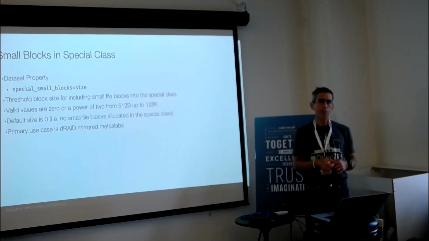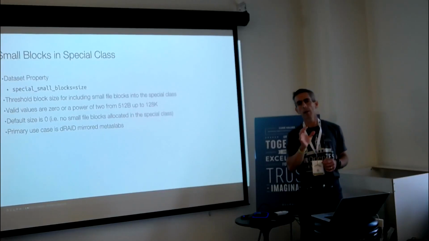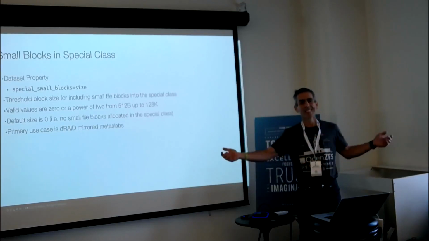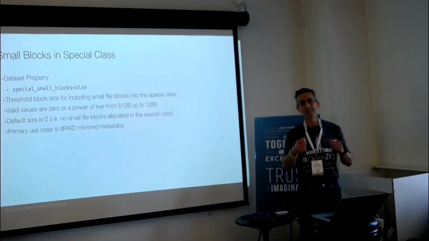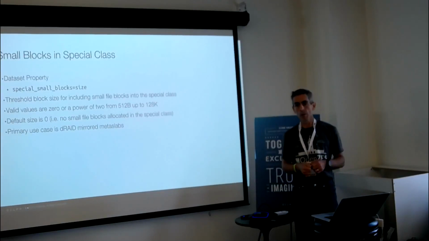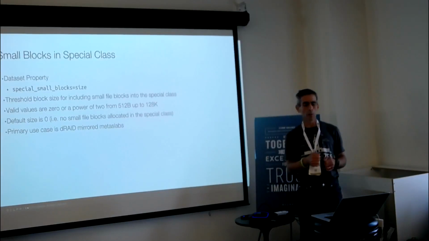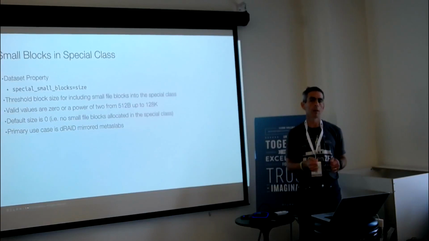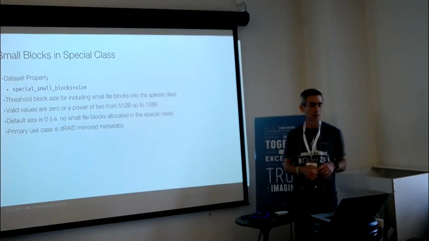DRAID can be provisioned to have some of the metaslabs be mirrored versus being this really wide stripe. And so it would be bad to put a small 4K file into this 256K stripe. So in those cases, we allow you to provision it so that you can put small blocks into those mirror tiers and get better spatial efficiency.